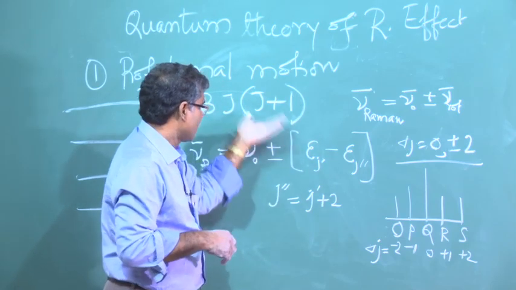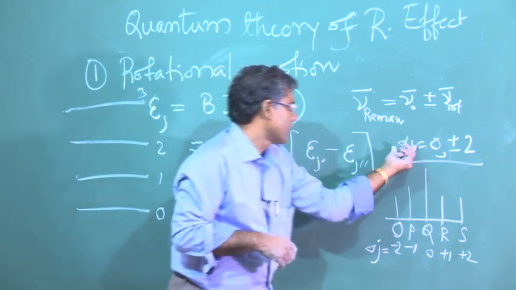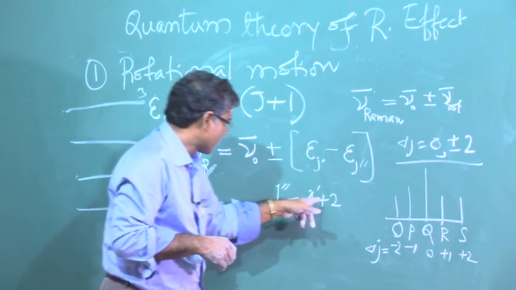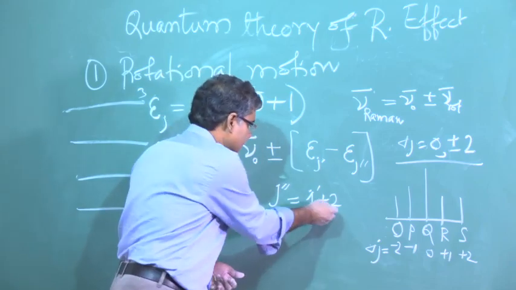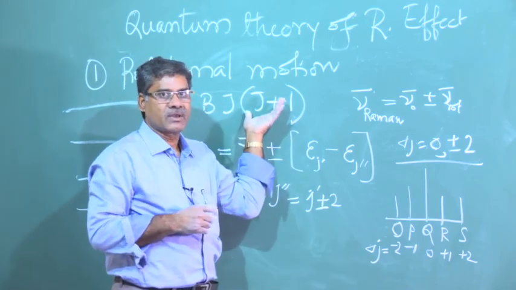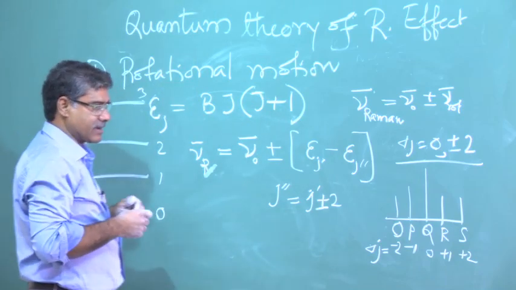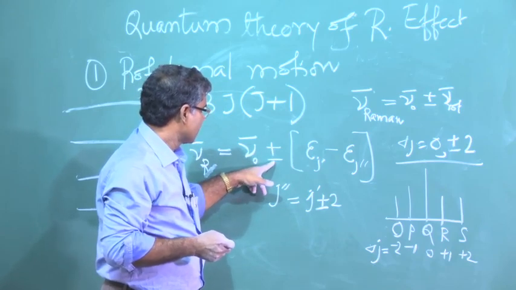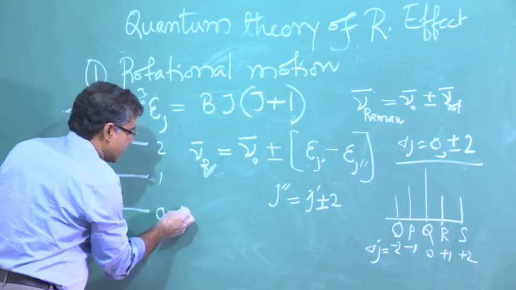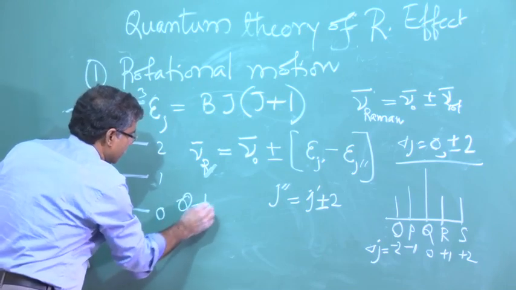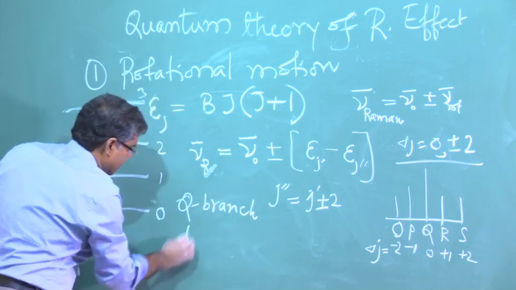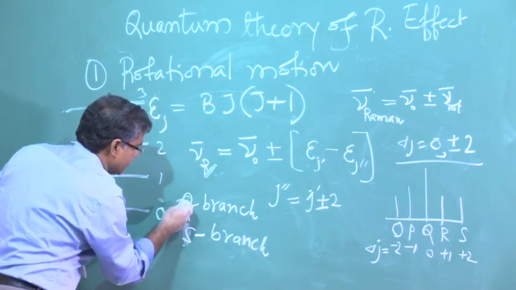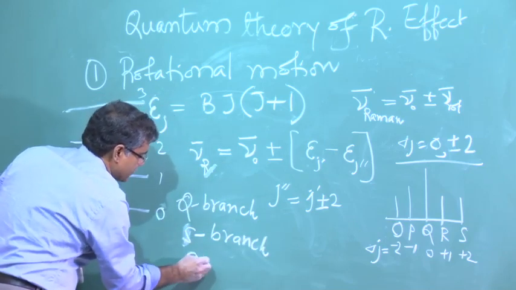Now, considering del j equal to plus 2 or minus 2, in one case plus 2, another case minus 2, one can write this, and you will get the Q branch, the S branch, and the O branch.